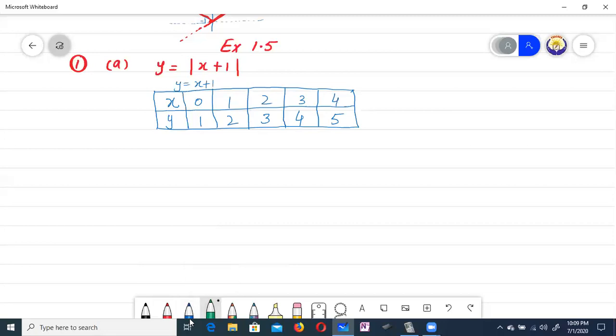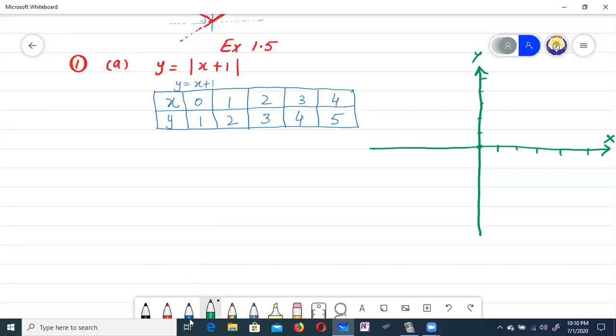Now we are going to draw the graph. This is the y-axis. This is the x-axis. And this one is the y-axis. This is the origin 0. Along the x-axis 1, 2, 3, 4, 5. Along the y-axis 1, 2, 3, 4, 5, like this.